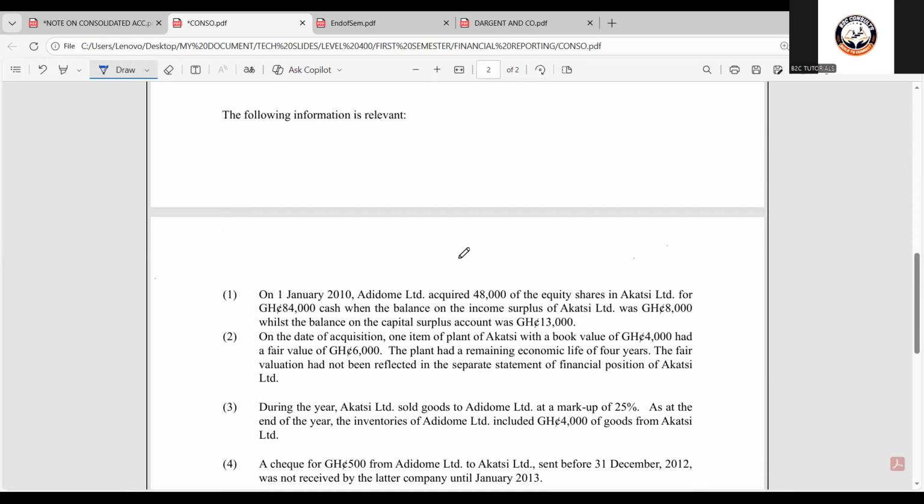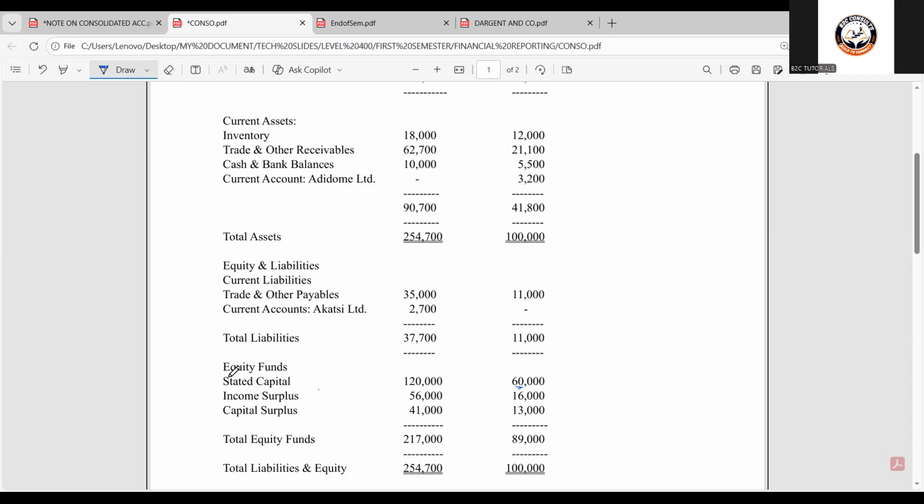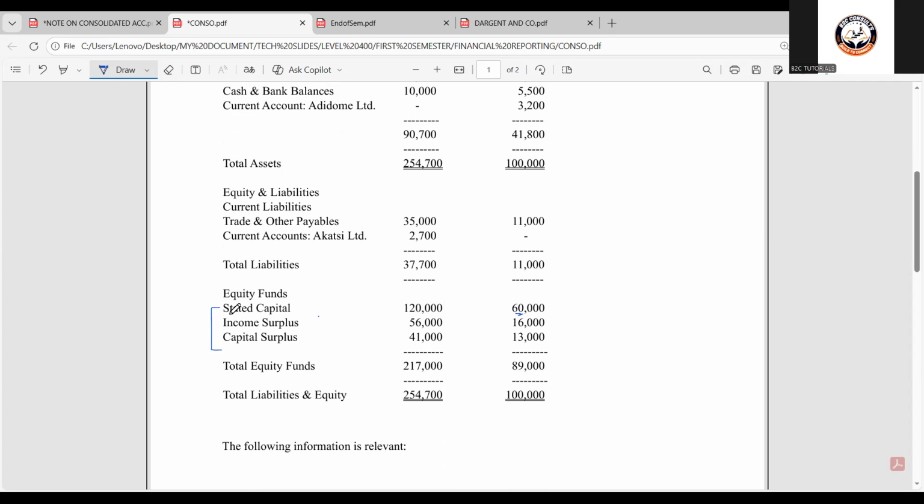The net assets at acquisition, I said, doesn't mean that we should bring the assets, but we use that of the equity, so the items under the equity plus any adjustment in a question would help us constitute what we call the split account. So first and foremost, stated capital will be brought when we are using that of the subsidiary. It is the same amount at acquisition and at year end, which means that your post acquisition will be what? Zero.